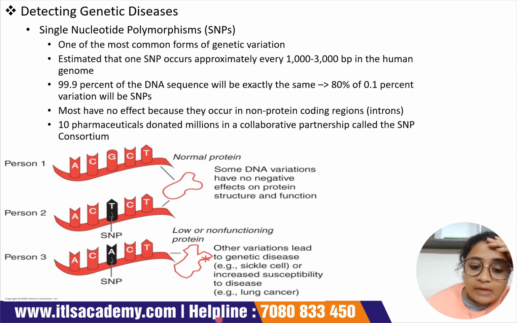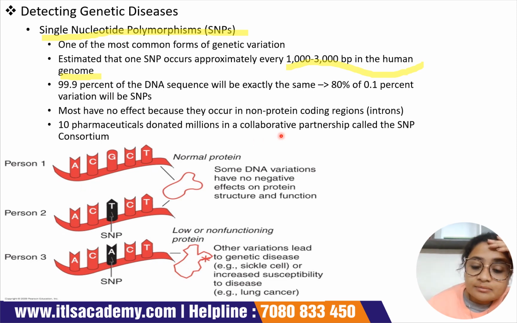Another important technique will be SNPs. Now what are SNPs? The full form is single nucleotide polymorphism. Very important. It is one of the most common forms of genetic variation, and it is estimated that one SNP occurs approximately every 1000 to 3000 bp in the human genome, which is a very fascinating characteristic of SNPs.